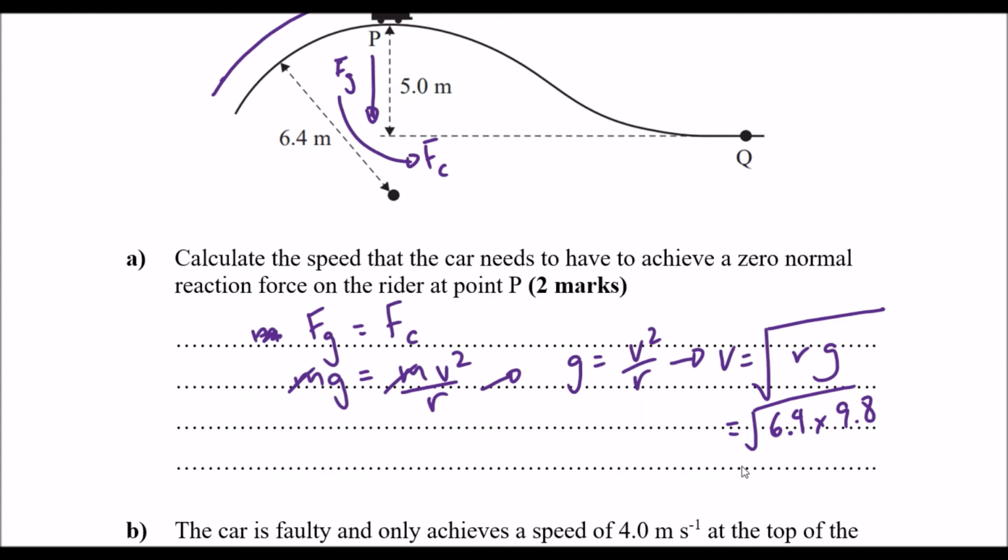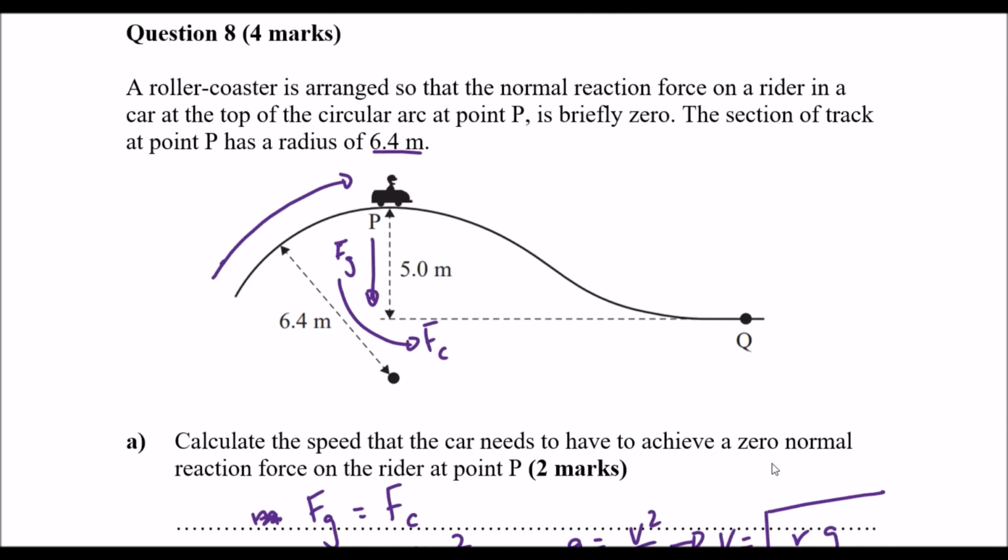And so the value we get, if we put that into our calculator, is approximately 7.92. But let's just look at what the sig figs show us.